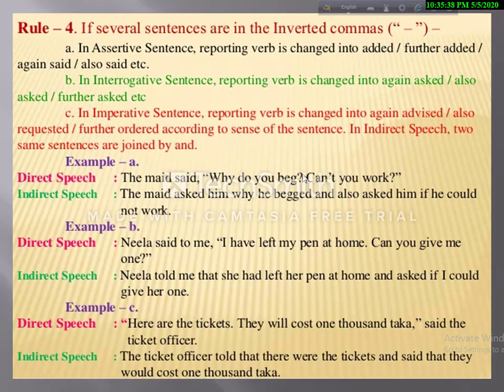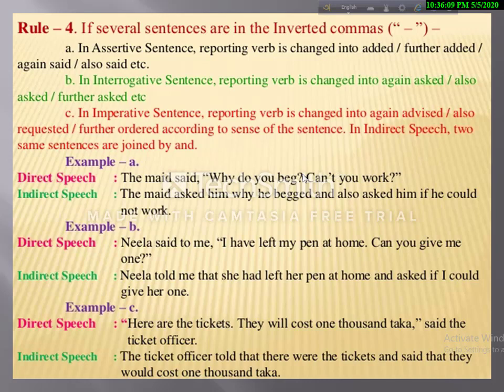Rule 4. If several sentences are in the inverted commas. Let us make it clear. Sometimes you may find that there are two or more sentences or reported speeches, but there is only one reporting verb. Then what is the way to write the rest of the sentences?